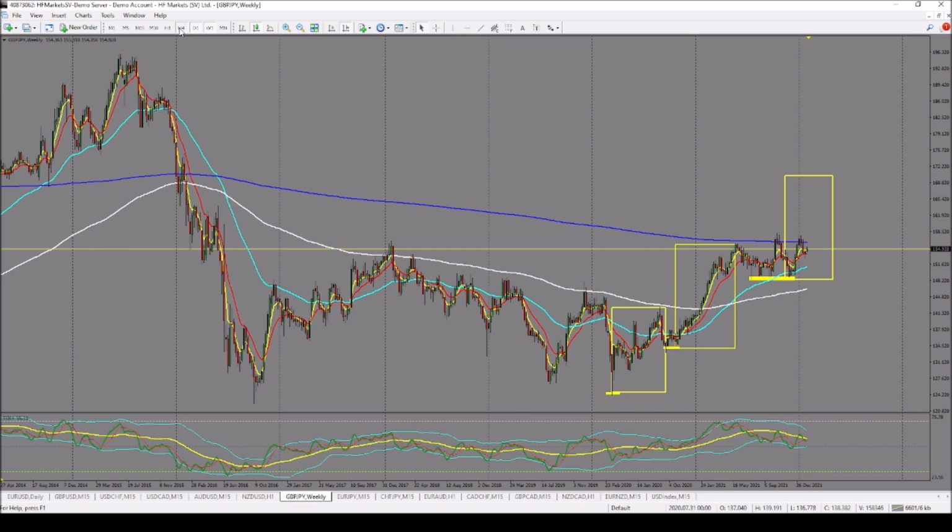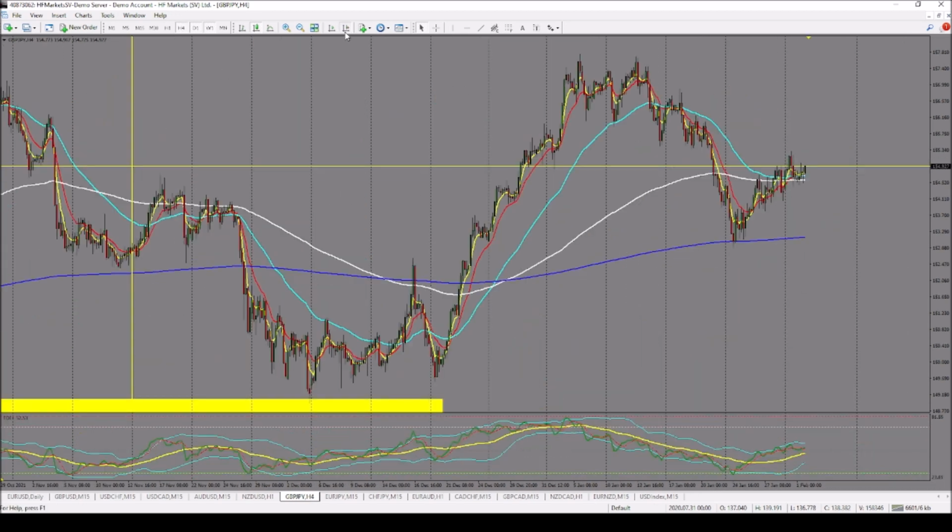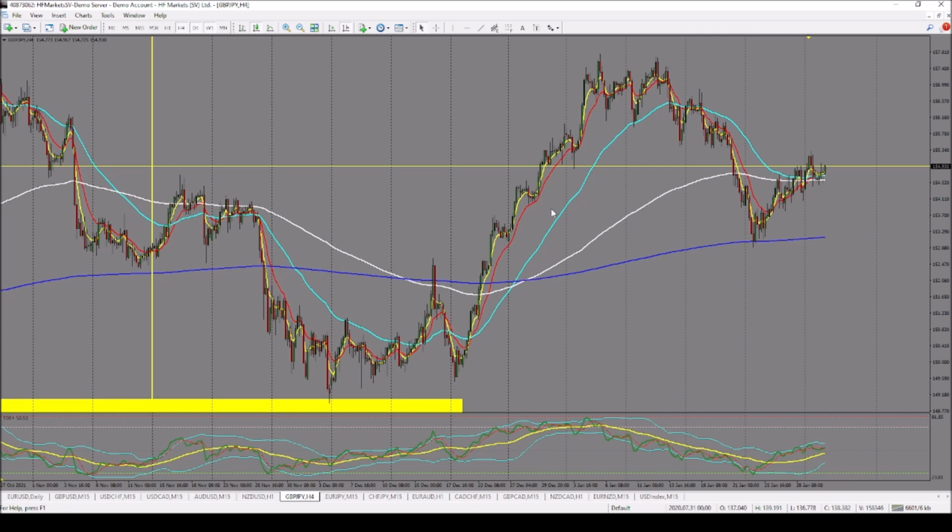So going down to the H4 time frame, we are now interested in this last move. In the last move, we can see that we had 3 levels, like we had the first one, then we had the second one, and the last one, like that.